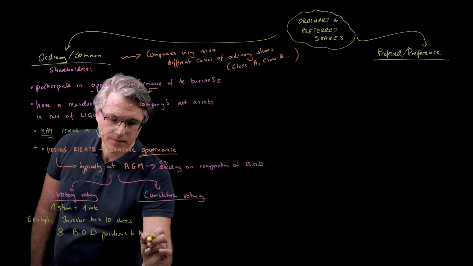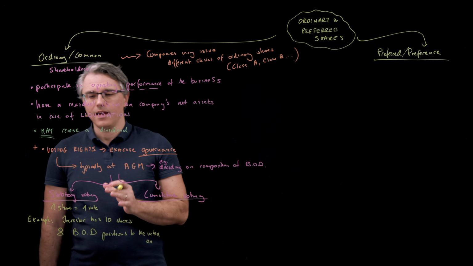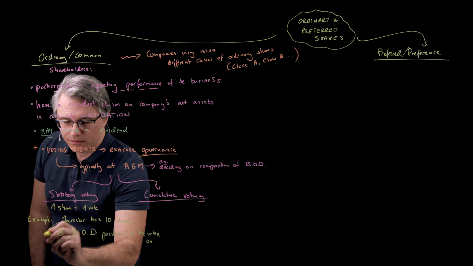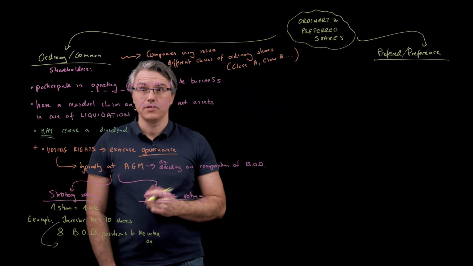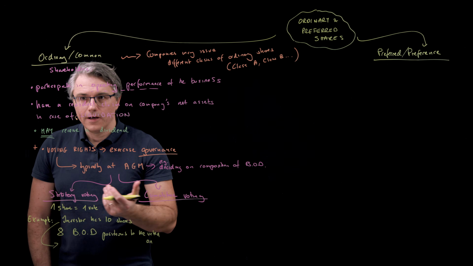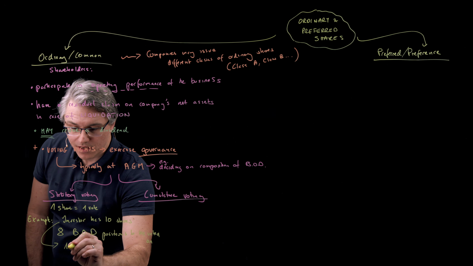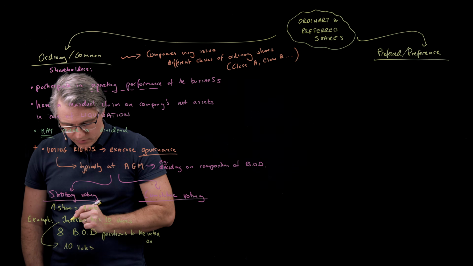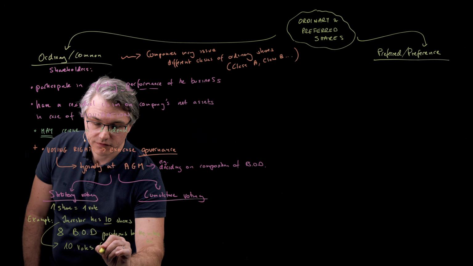Voted on. If that's the case, under statutory voting, the shareholder or the investor can potentially give or use 10 votes, because they've got 10 shares, 10 votes for each candidate being voted on.